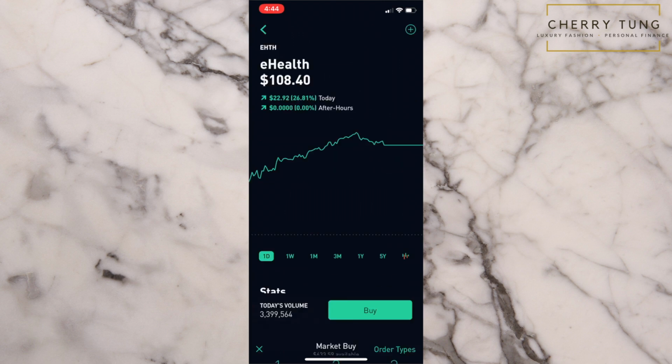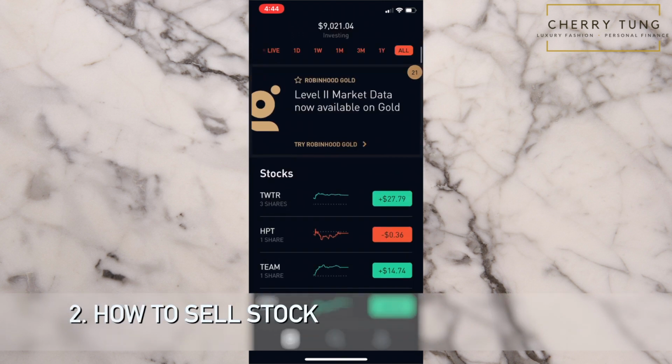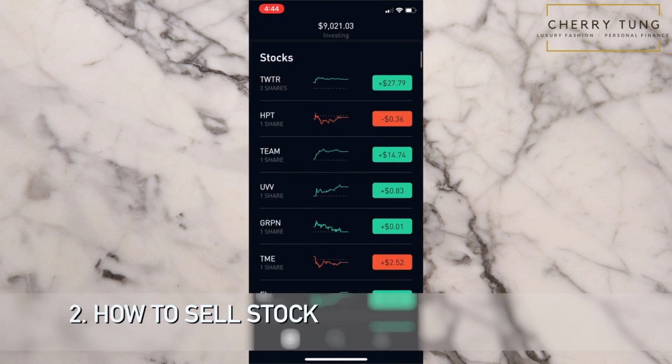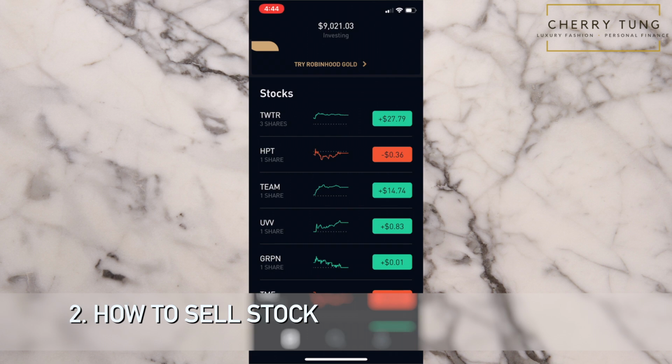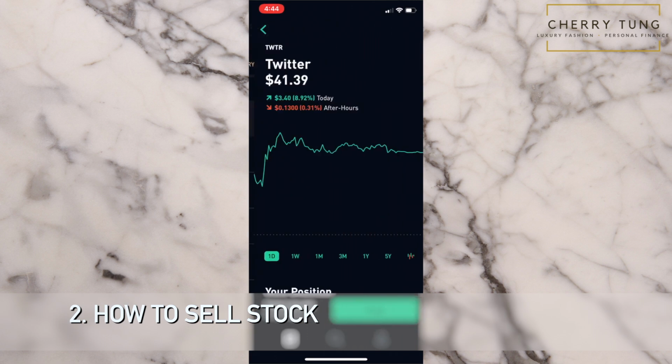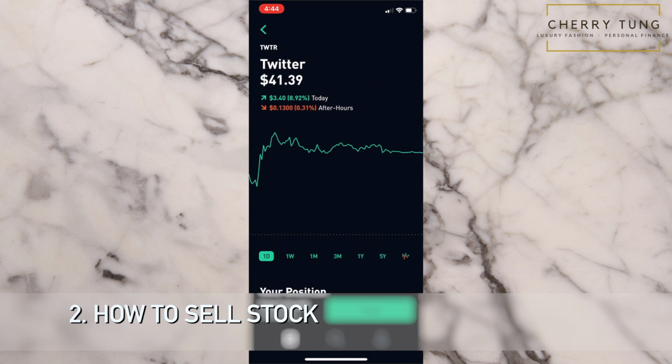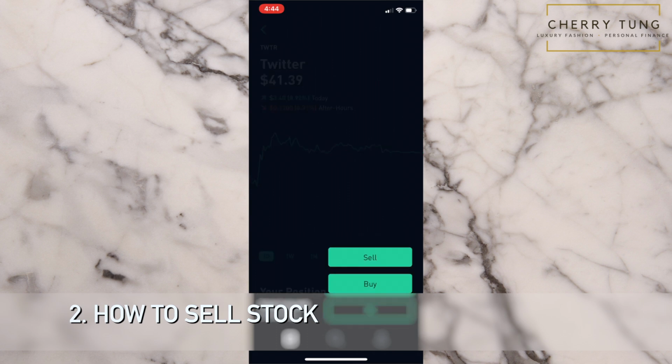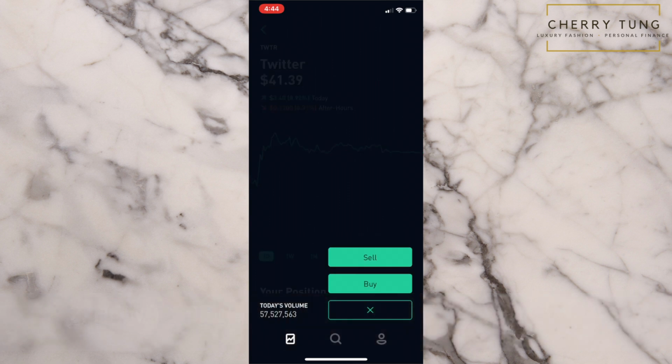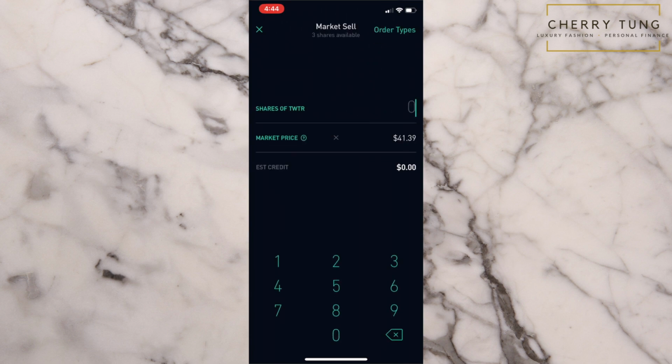And then let's say, how do you sell stocks? How you sell stocks is you go to the front page, and then you go to any stock that you want to sell. Let's say I want to sell Twitter. I click into this, and I click into trade. And then here's buy and sell. To sell stocks, I just click on sell. And then I put in however many shares I want to sell.